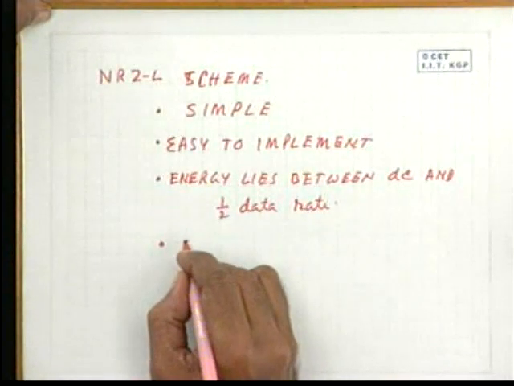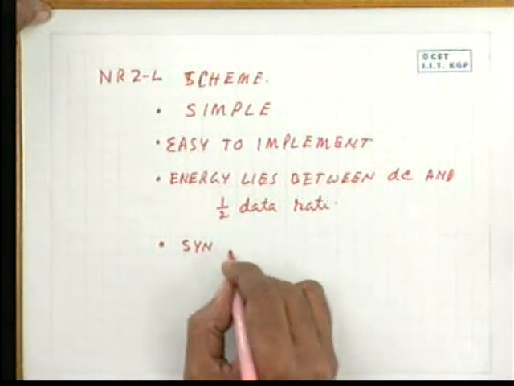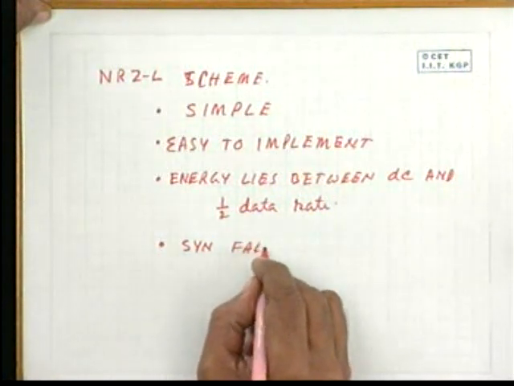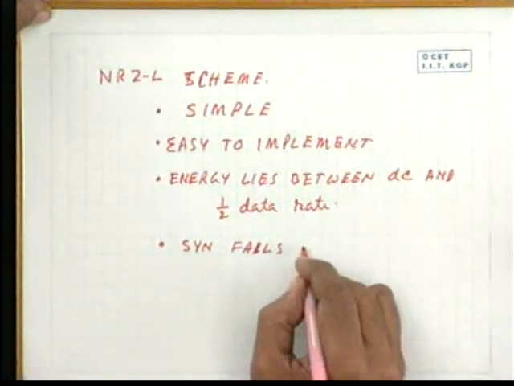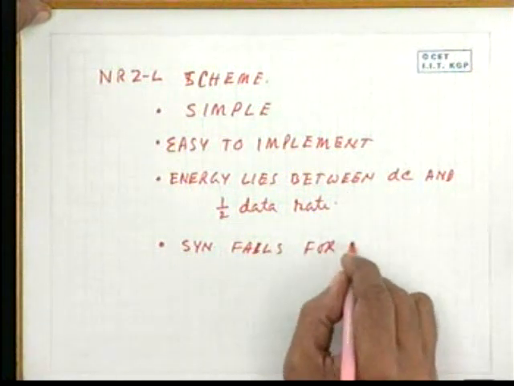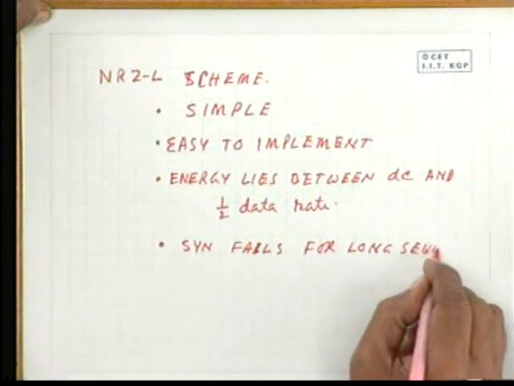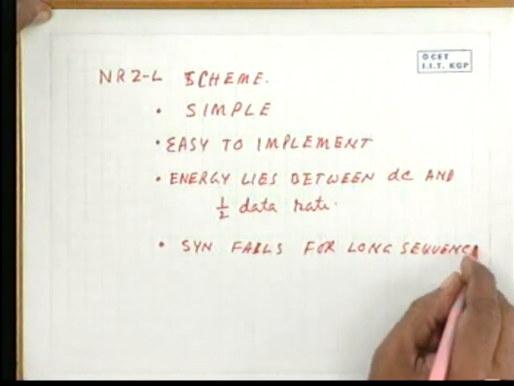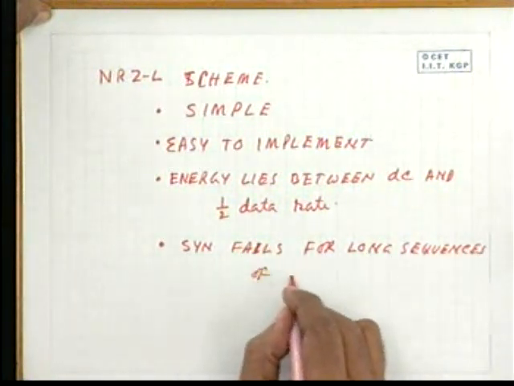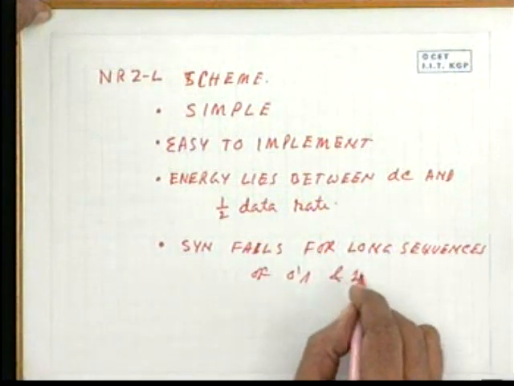We can say that synchronization fails for long sequences of zeros and ones.